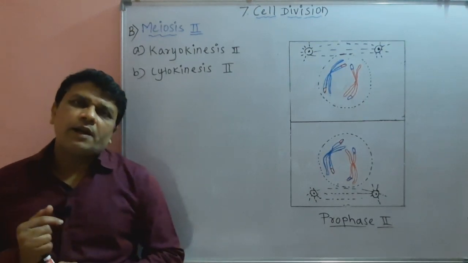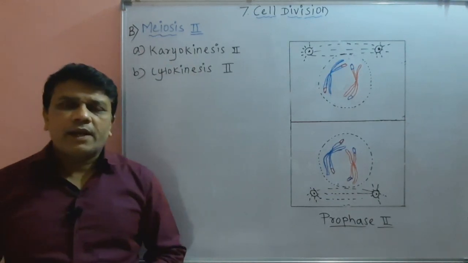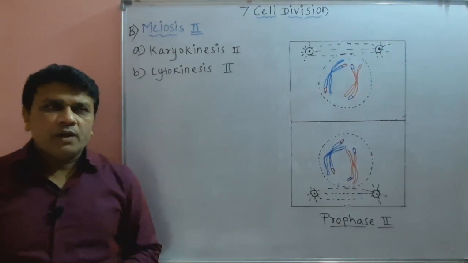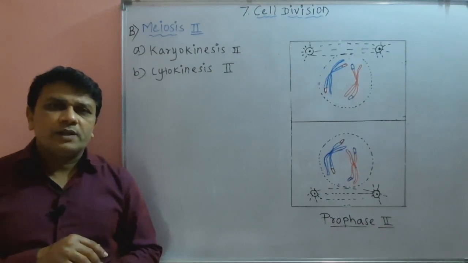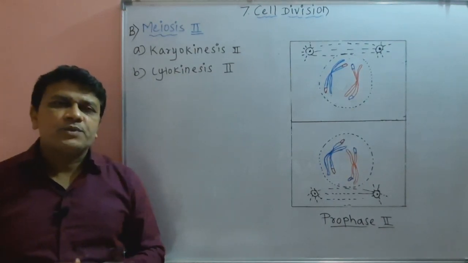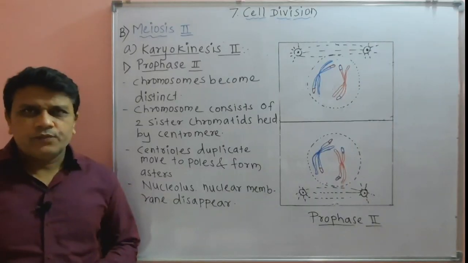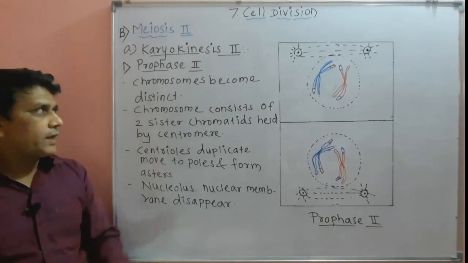Meiosis second consists of karyokinesis second and cytokinesis second. You know that the division of the nucleus is called karyokinesis, while the division of the cell is called cytokinesis. The first stage of karyokinesis second is prophase second.